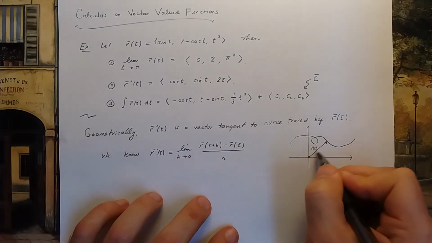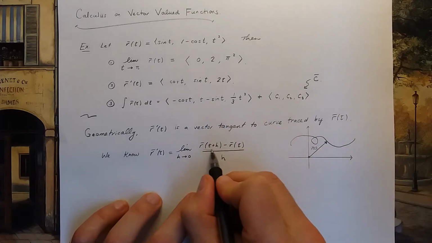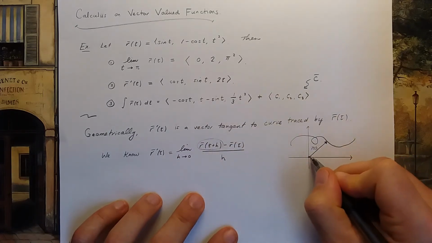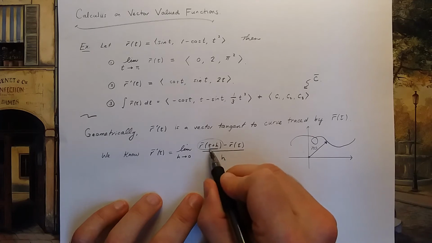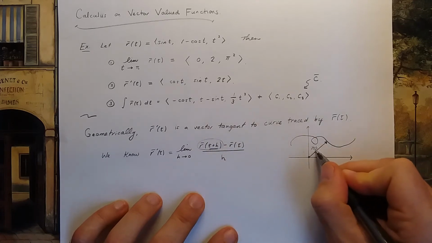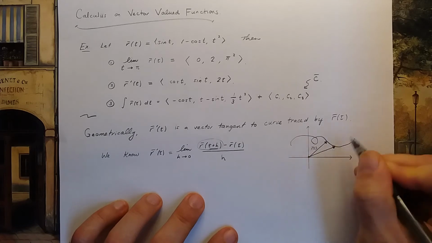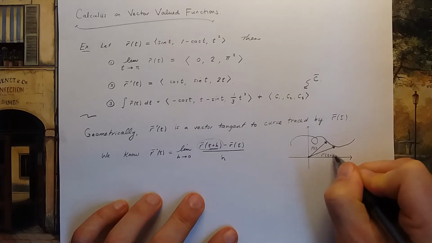So here I have a vector r of t depicted in my picture. r of t plus h would be a vector that I get by increasing t by just a little bit. So if I increase the argument t a little bit, I'll get a vector maybe over here that is r of t plus h.